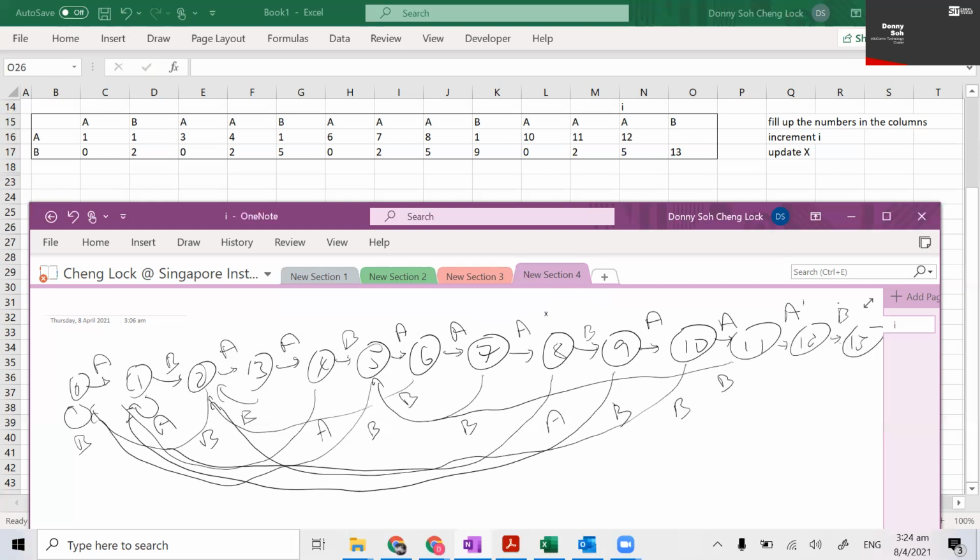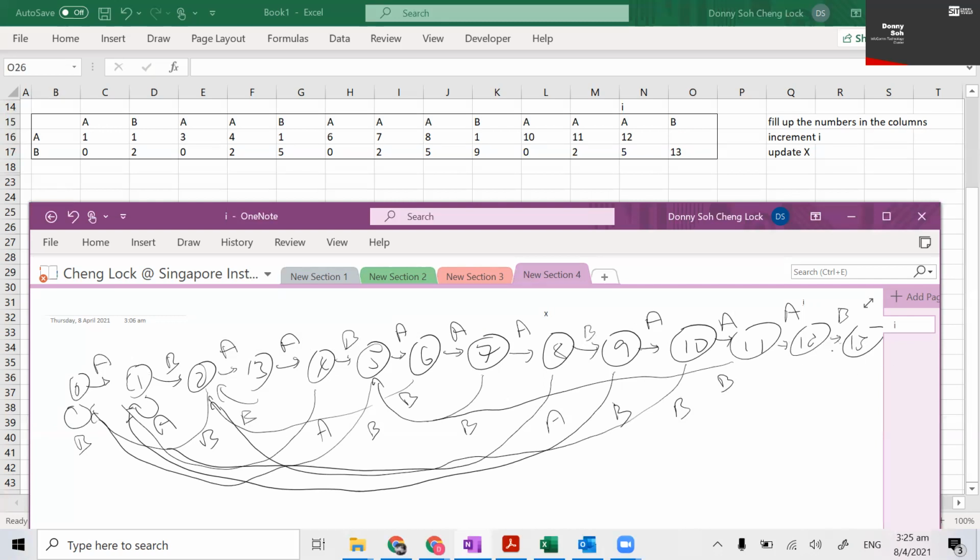But let's look at what will happen to X, state X, if it sees an A. If it sees an A at state X, what will happen is that it will go all the way to state number 1. Okay, that was what we established earlier.